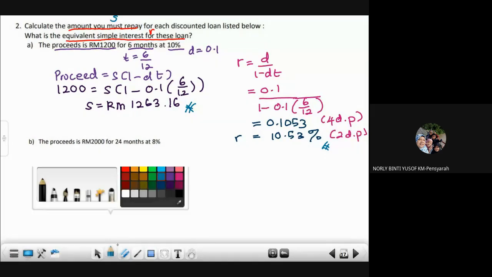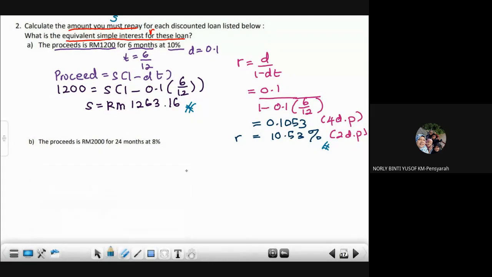Okay, and then for B pun sama. Dia bagi proceed 2,000. Tapi T dia 24, so bagi 12. D dia adalah 0.08, 8% kan? 0.08. So you pun kira proceed dulu. So proceed sama dengan S(1 minus DT).